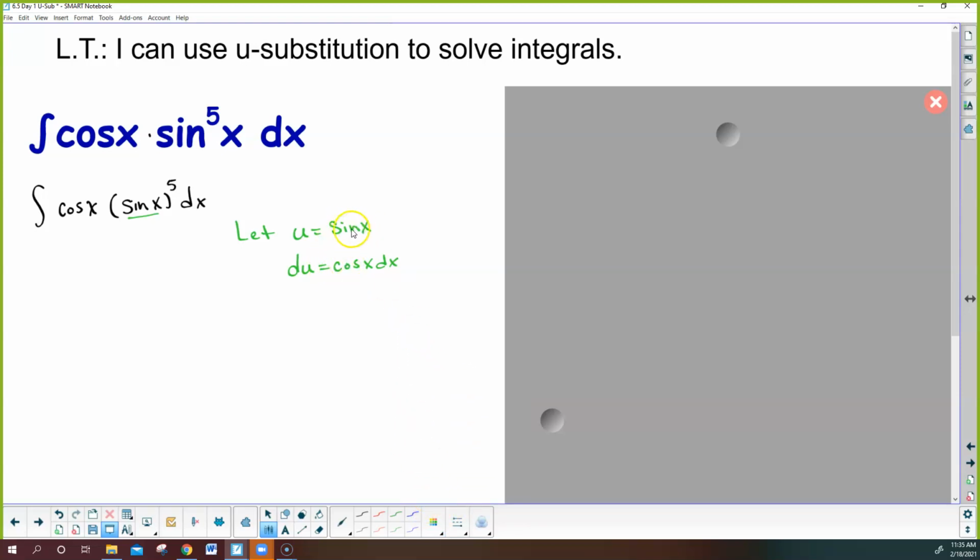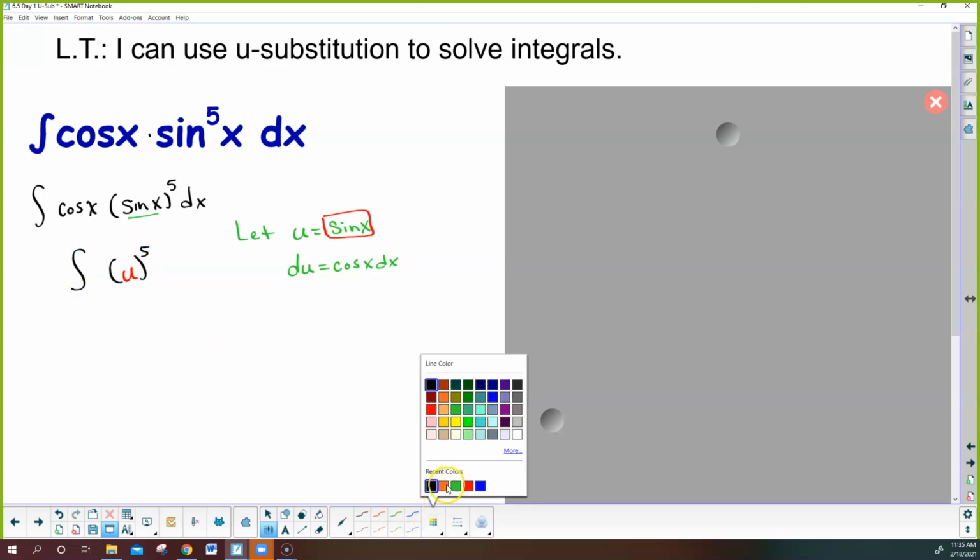By picking the sine, we're going to replace this sine with u. So I'll have a u to the 5th power, and then I'll have my integral. But then the du is going to replace the cosine and the dx.